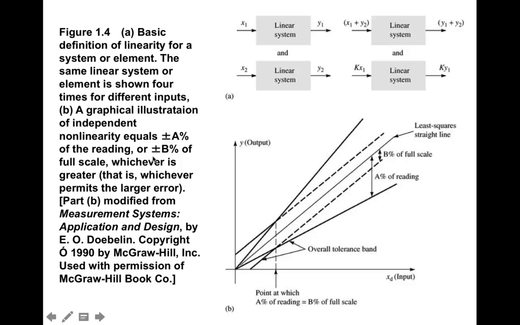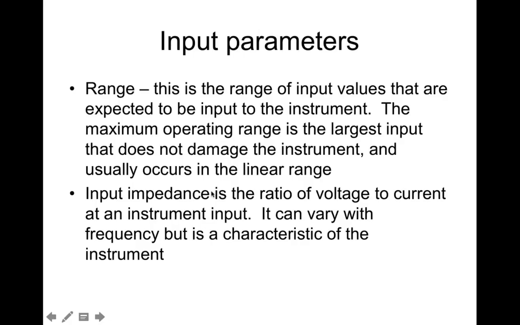And so when you're given a specification of a tolerance band, then you basically are taking whichever permits the larger error. So you may have some zero drift errors that would dominate at low values. At higher values, it's maybe your sensitivity drift errors that dominate.